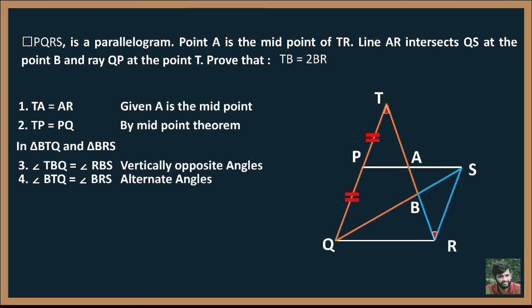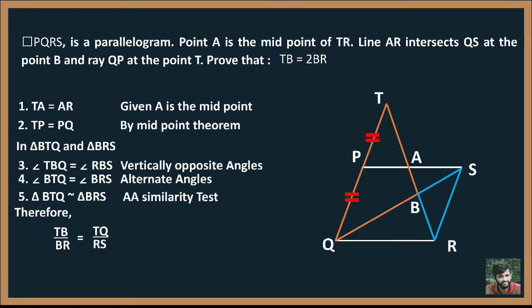Now if two angles of one triangle are equal to two angles of another triangle, then by the criteria for similar triangles, we can say that these two triangles BTQ and BRS are similar by the AA similarity test. And if triangles are similar, I can write the corresponding sides to be proportional. So TB upon BR is equal to TQ upon RS.